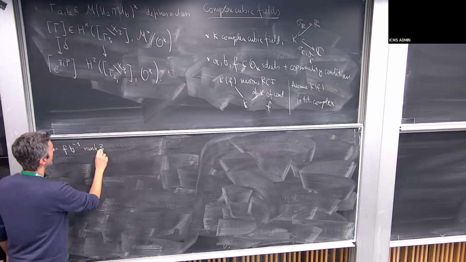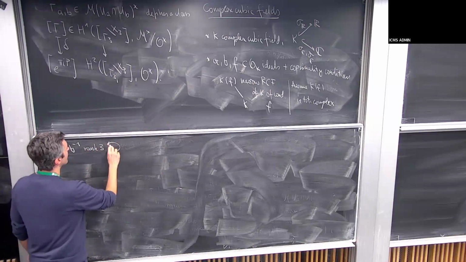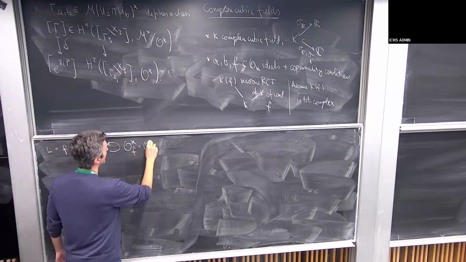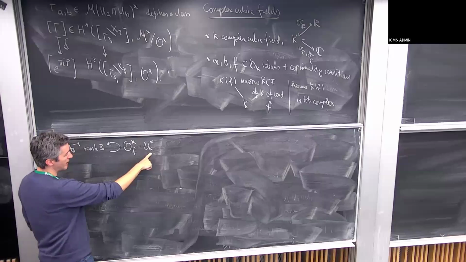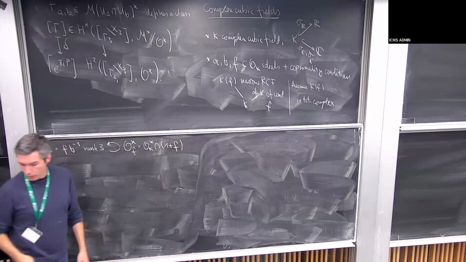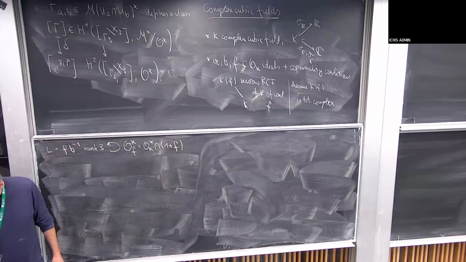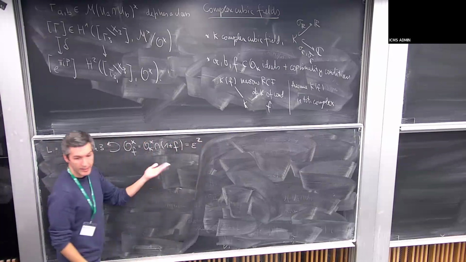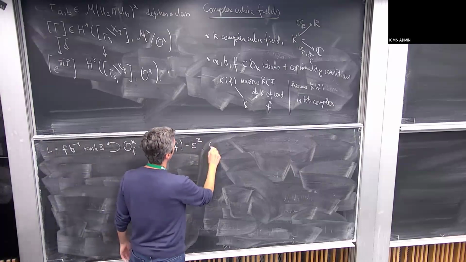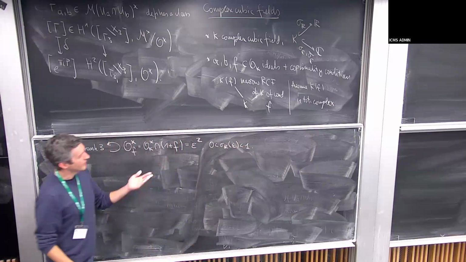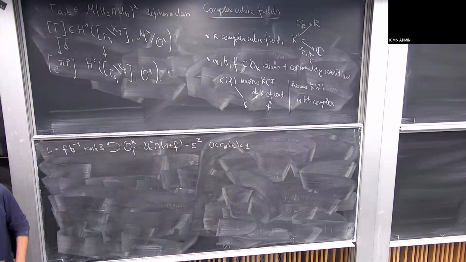This is of rank 3, and this lattice has an action of a group that I will call O_F star, the group of units of K that are congruent to 1 mod F. Because K is complex cubic, the unit group is of rank 1. This is generated by a unit that I call epsilon, the generator whose image under the real embedding lies between 0 and 1.